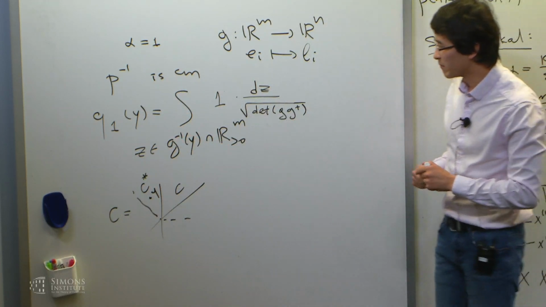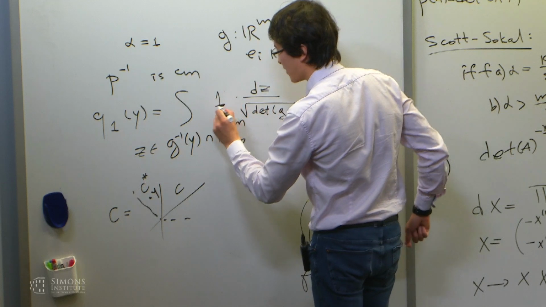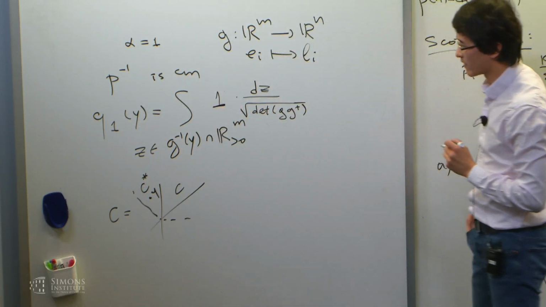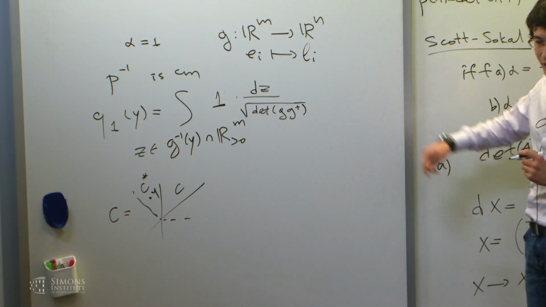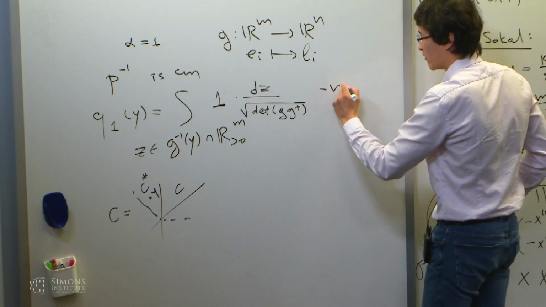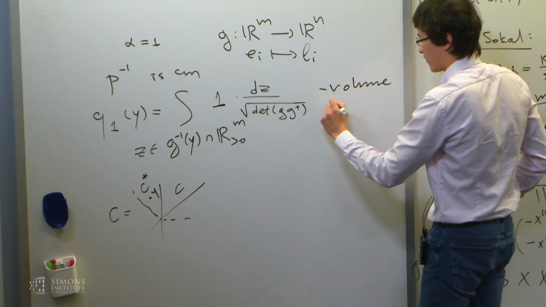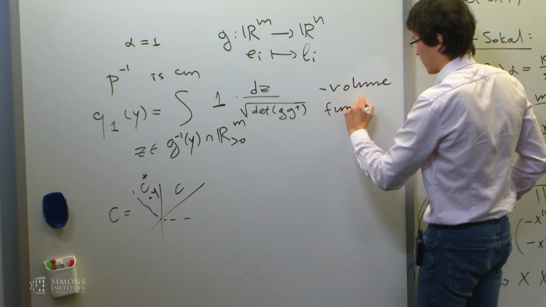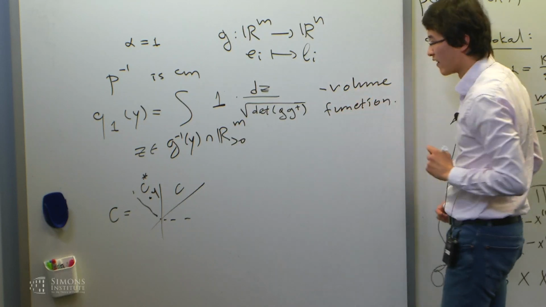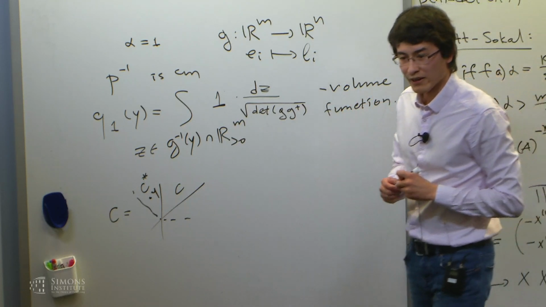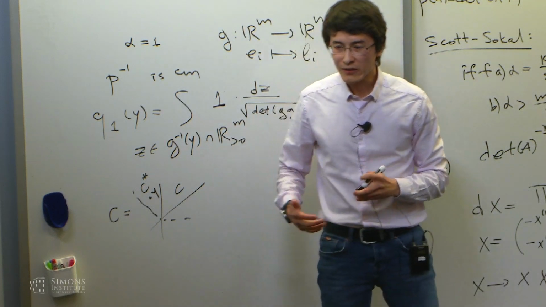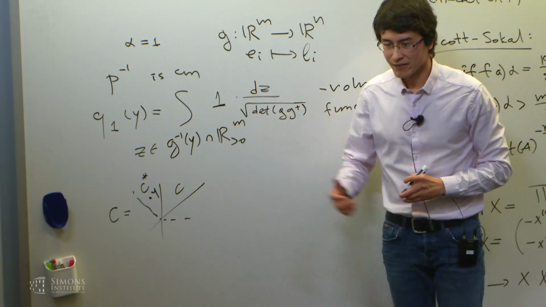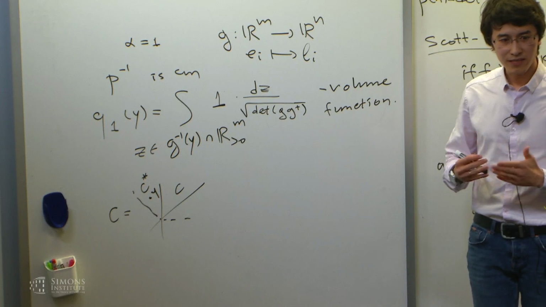And this, people who know combinatorics may have encountered a discrete analog of this function. Some people call it the volume function. And in fact, it is a piecewise polynomial function. So it's not just continuous as we expect from general theory, but it's actually piecewise polynomial.